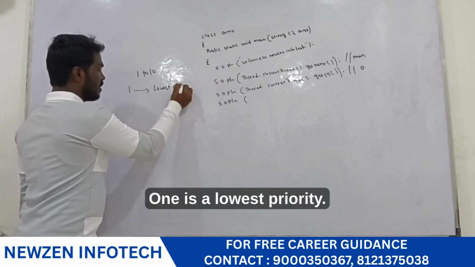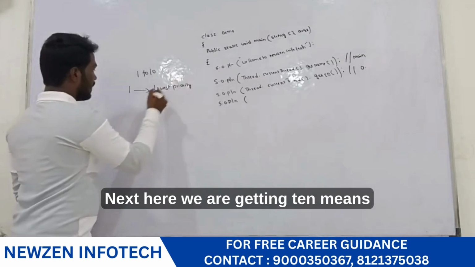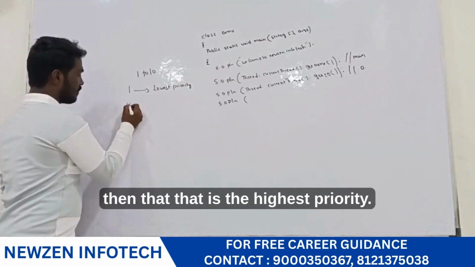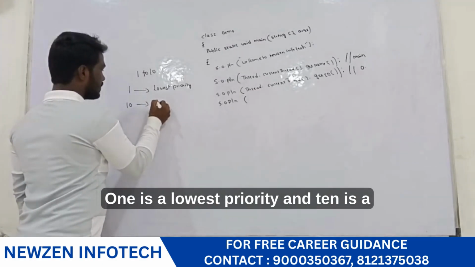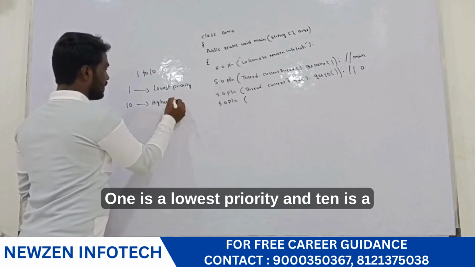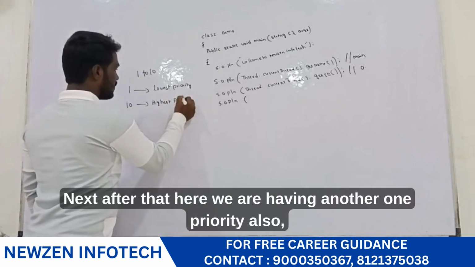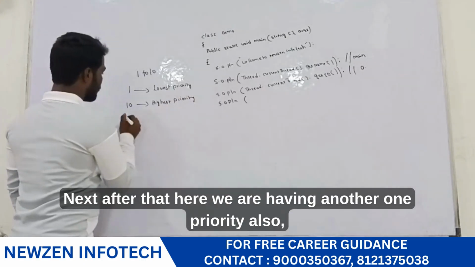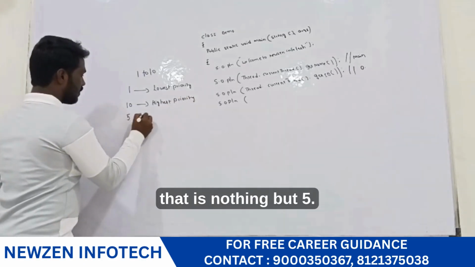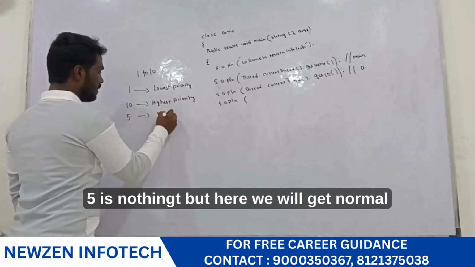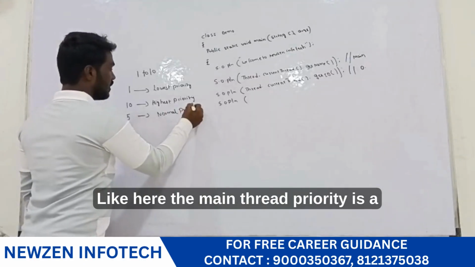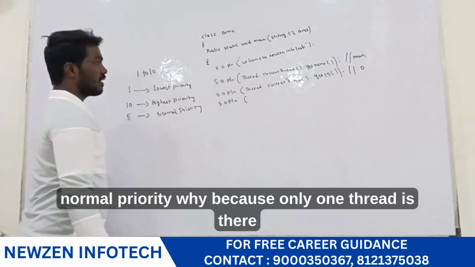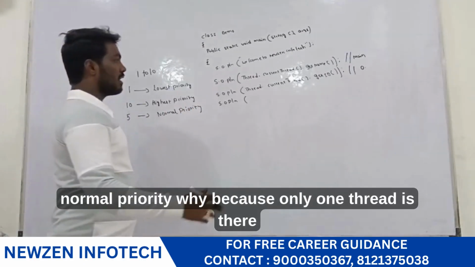If we get 10, then that is the highest priority. We have another priority also, that is 5, which is the normal priority. The main thread priority is normal priority. Why? Because only one thread is there.